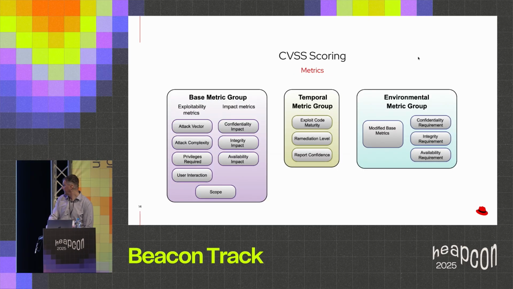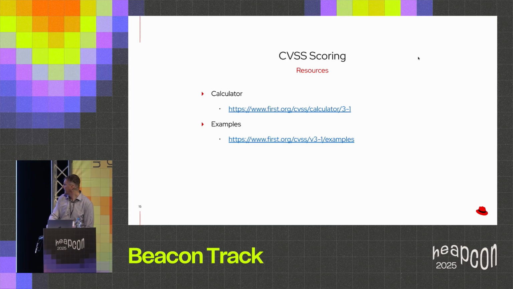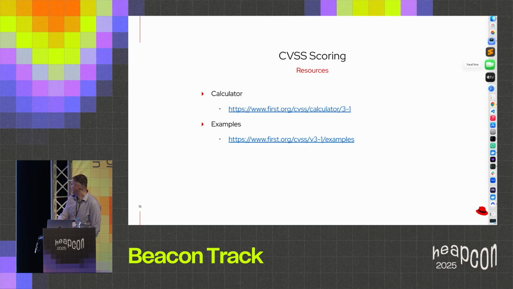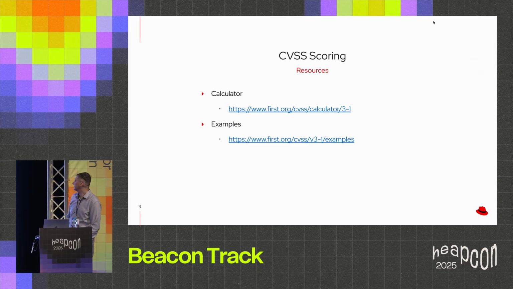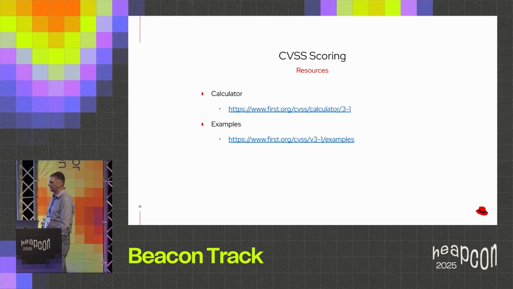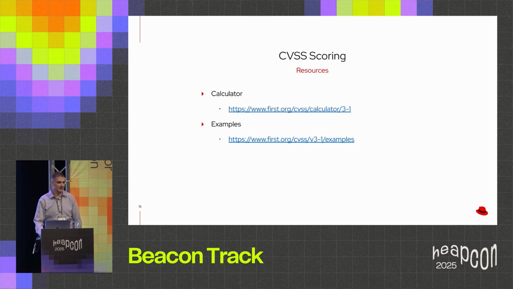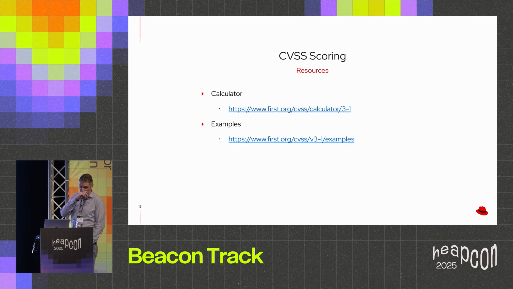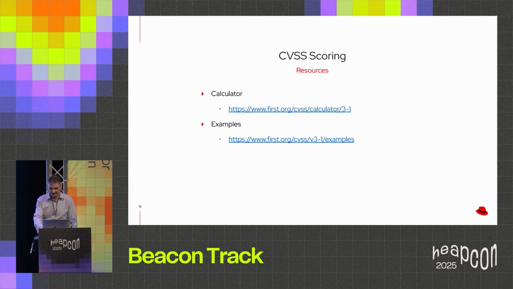This is just a visual representation of all this. And if you have more interest in all this, there are very good examples at the FIRST organization site, where you can see how they propose to score different things, and you can play with the calculator as well to see how changing the different metrics affects the score.